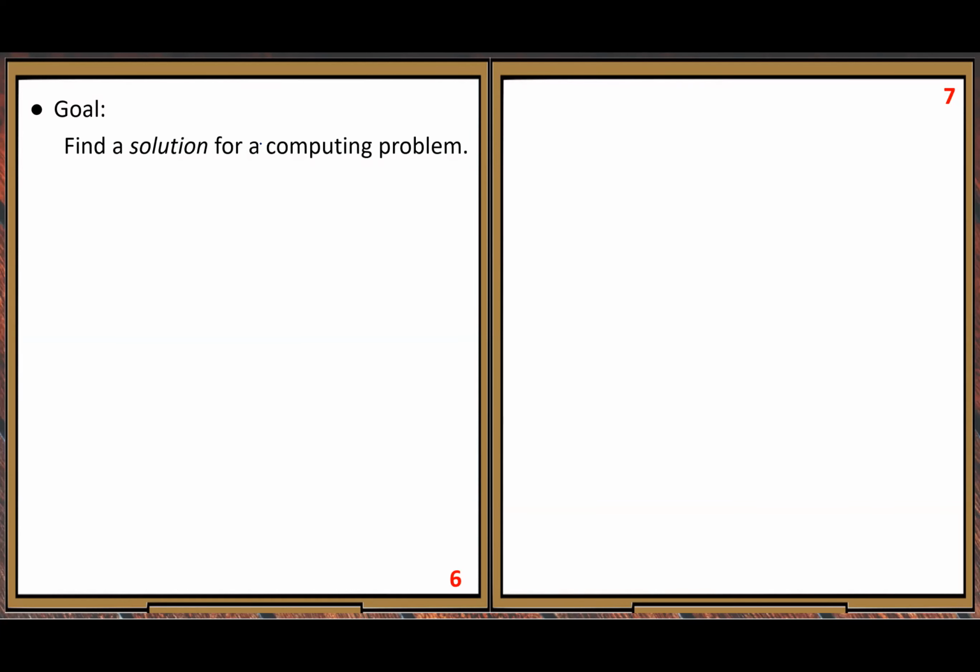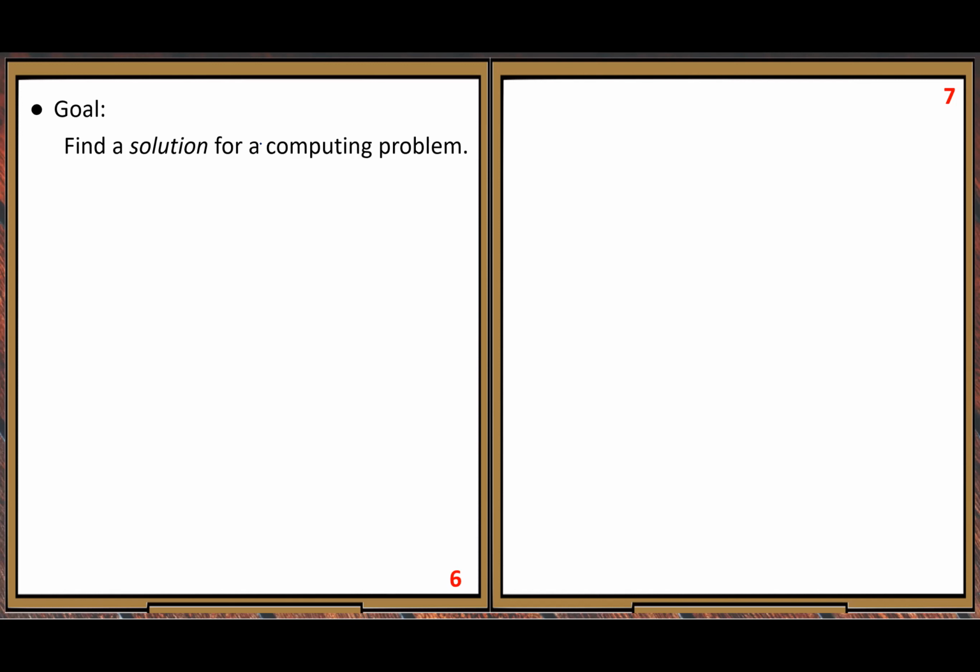So first, the goal: find a solution for a computing problem. That's the general goal for this course. After the training of this algorithm course, when we go to the real world, we need to find a solution for a computing problem. Here, I use this general expression, computing problem, to represent general real world problems.